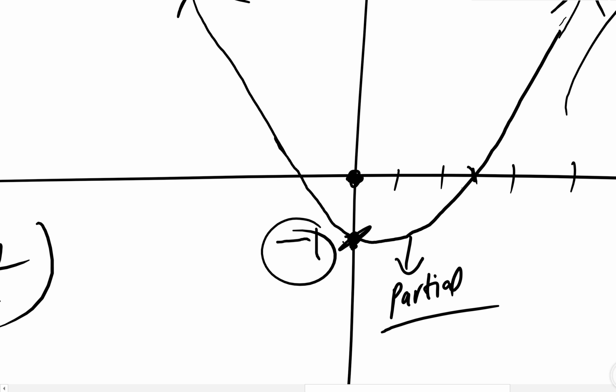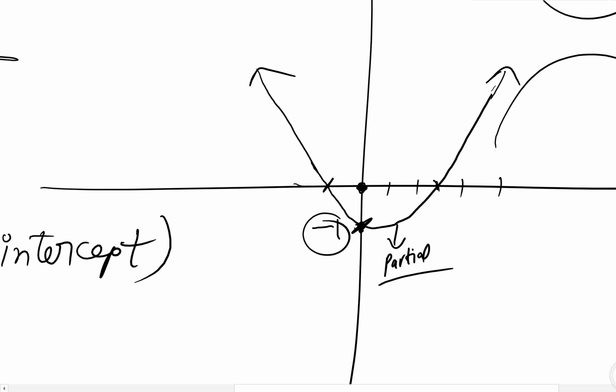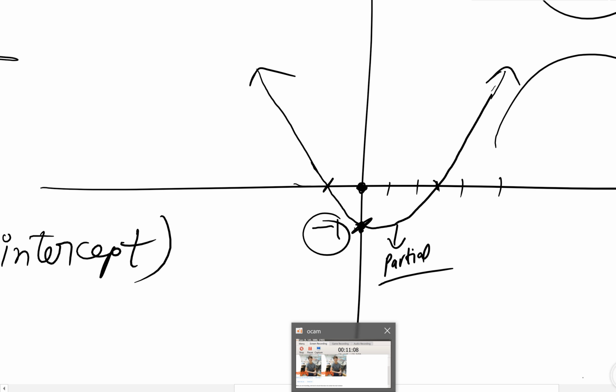In order to find the x-intercept, you put y as 0, because y is 0 right there. So to find x-intercepts, you put y as 0, and to find the y-intercept, you substitute x as 0. Make sense to you? So let's stop here.